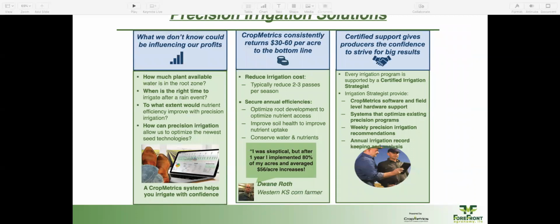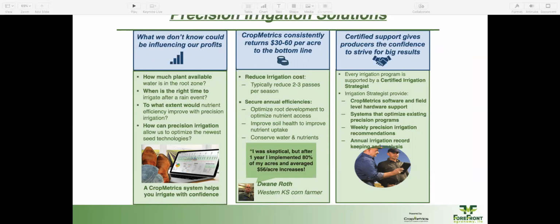And really it boils back down to a couple of different things. What we don't know that could be influencing our profits. How much water is available, when's the right time to put water out, or how do we adjust after a rainfall event. What nutrient efficiencies are we working with, and are there new technologies that we can implement to help us along this process? Can we save some money along the lines? If we save 1 or 2 inches on that pivot, how much money is that in your pocket?